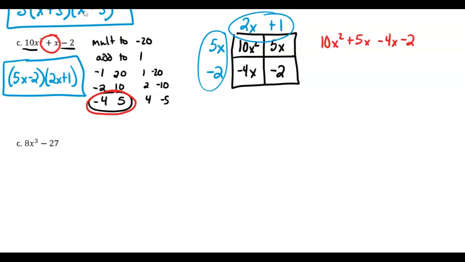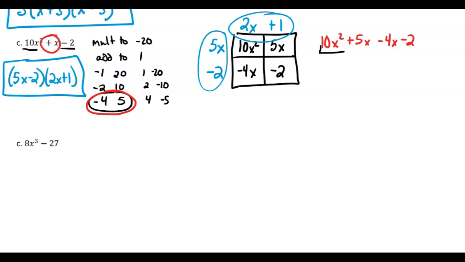This is not any different, because 5x minus 4x is still just x. So it's honestly the same thing: I have 10x squared, I have x, and I have -2. I haven't changed the value of the expression, just how it looks.